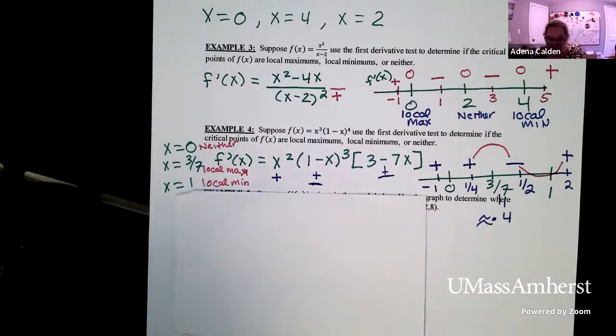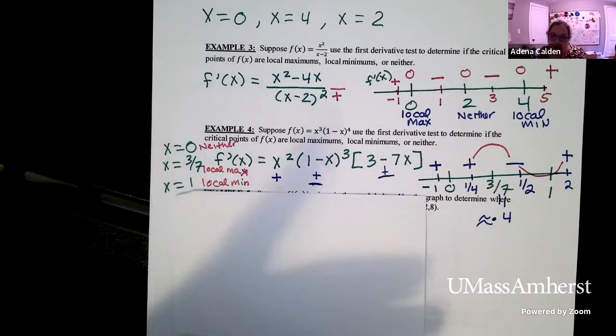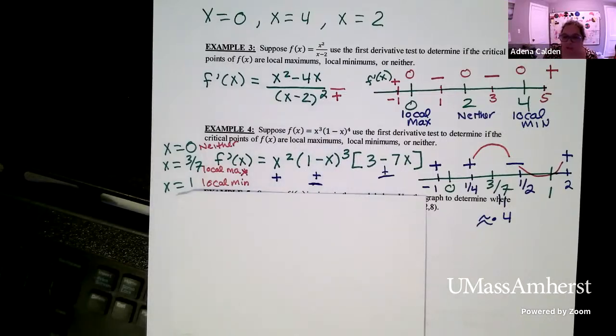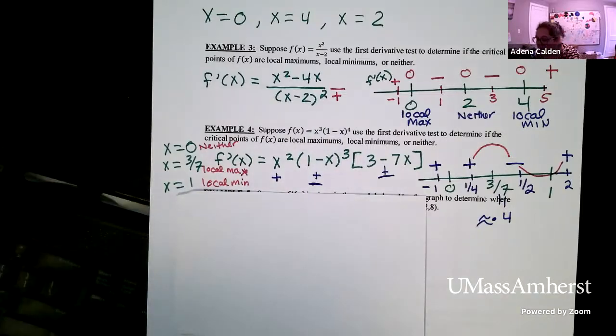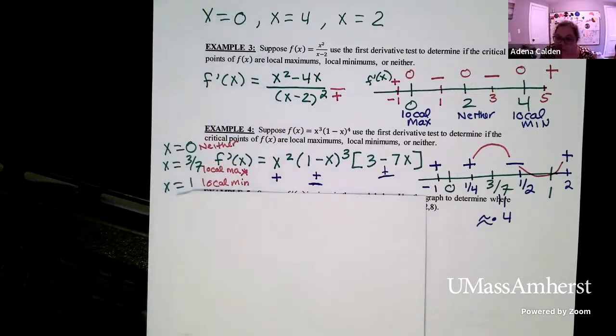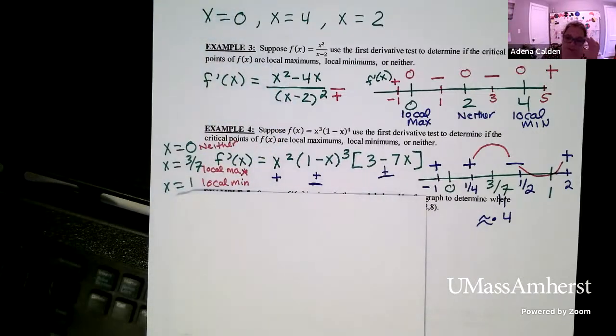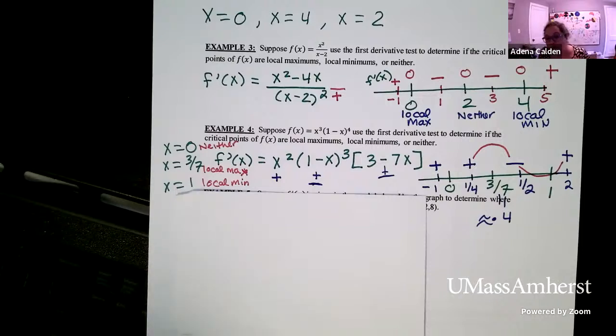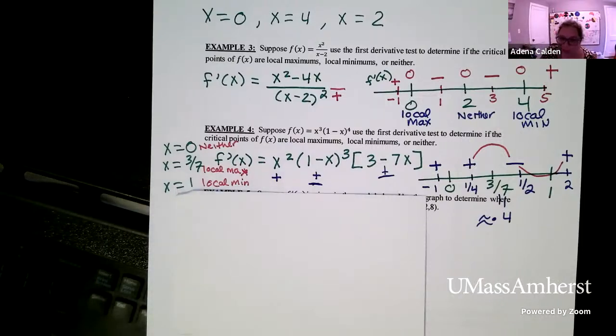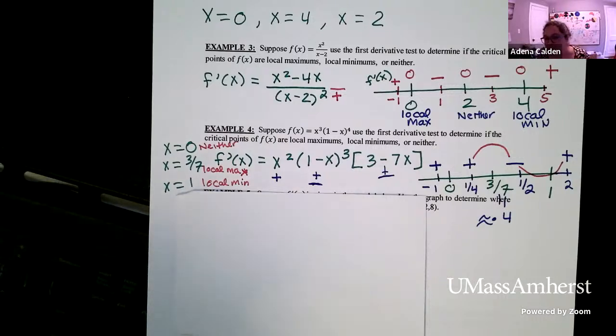So your steps would be to set it equal to 0 to find the critical points. And then you would have to use this test to classify them if you don't actually have the original function. If you have the original function, you can certainly graph it. But if you don't, then you don't have the ability to use that first test we did. So even if this is not your preferred method of classification, you still need to make sure you know how to use all three tests, okay?